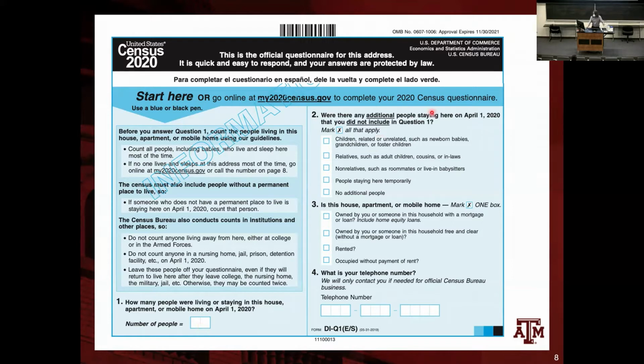And were there any additional people staying here on April 1st that you did not include on question 1? Is this house, apartment, or mobile home owned, rented, or occupied? And also you can provide the phone number just in case the Census Bureau wants to clarify any of your answers, okay?